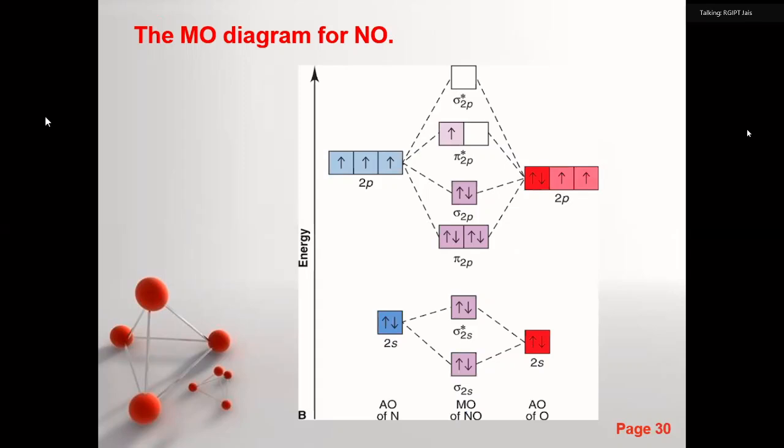Next, in the case of NO, nitrogen and oxygen. If we take nitrogen, 1s2, 2s2, 2p3.